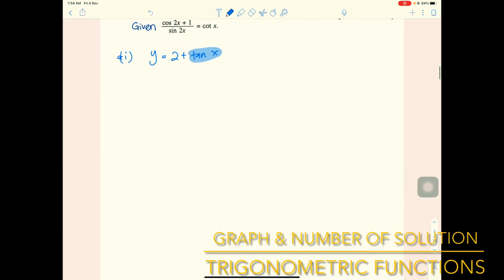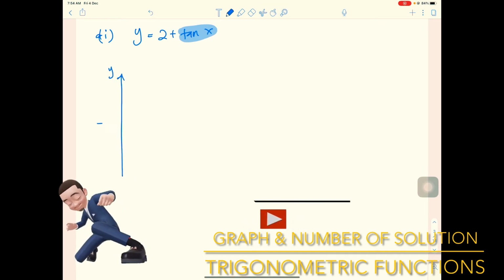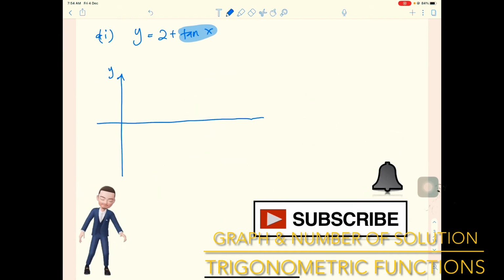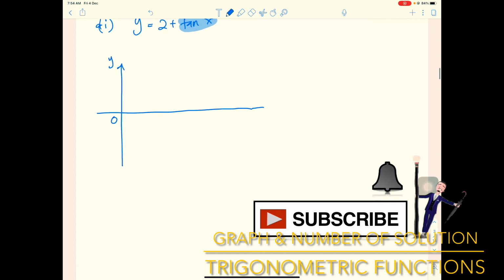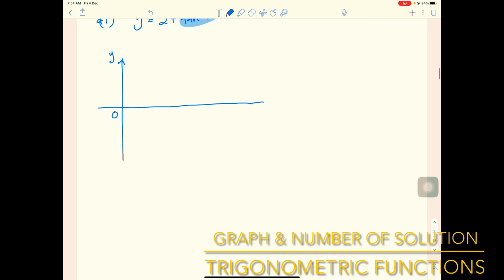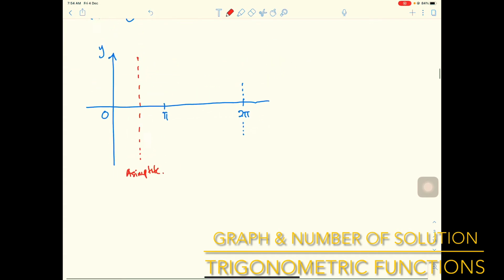Before we sketch the graph of tangent, we must prepare the scale of the x-axis and y-axis first. For example, like this. Just follow: this is pi and 2 pi. After that, draw the borderline between 0 and pi, which we call the asymptote.